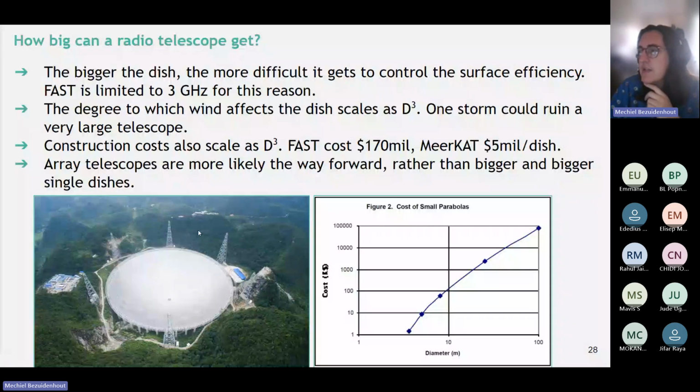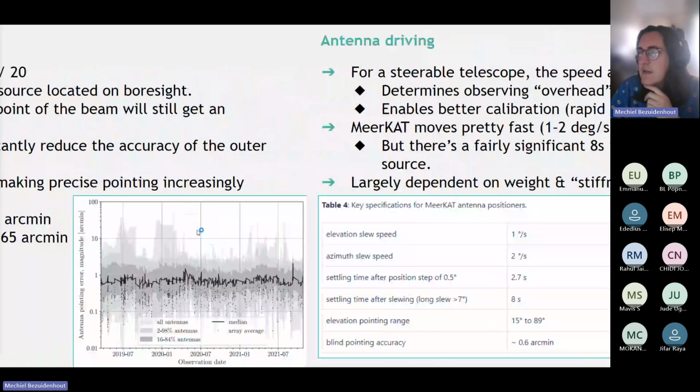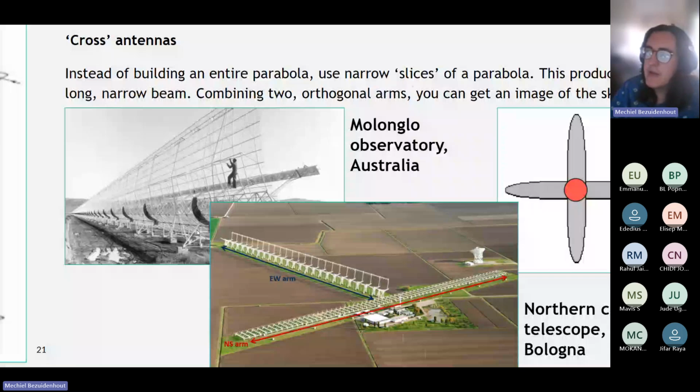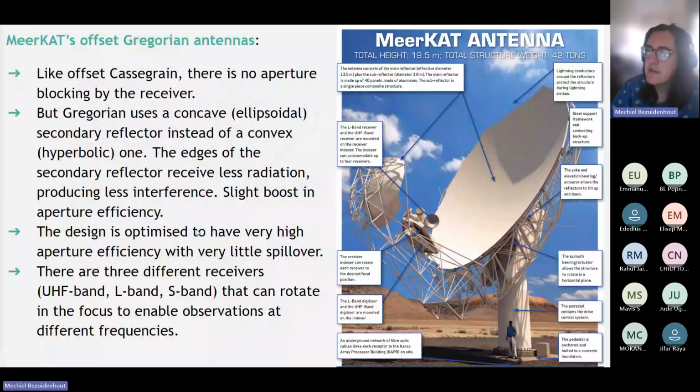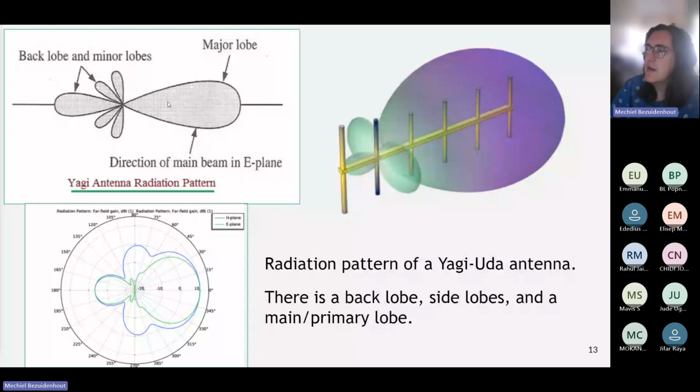Okay, so side lobes are regions in the antenna pattern and the beam pattern of an antenna where it's sensitive as well. If you have an antenna like this one, it has a major lobe where it's most sensitive, but then there's also a back lobe in the opposite direction, and these side lobes, which are areas of sensitivity off to the side.